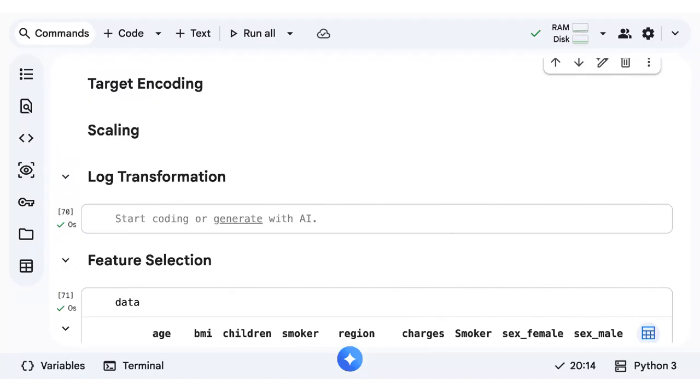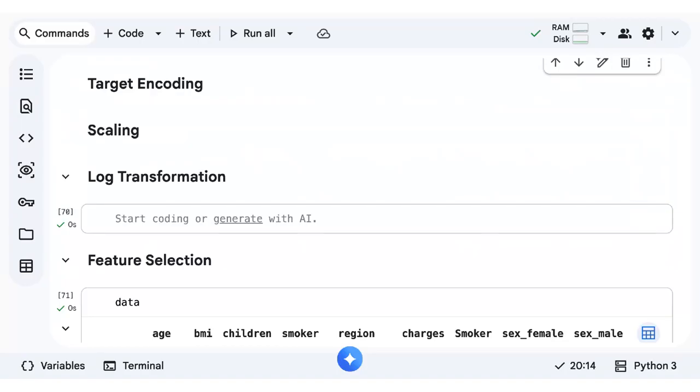By comparing its relationship with the target, you can replace the category with either the mean value, or else you can give a specific order based on a ranking, like which has the highest importance with the target. Accordingly, you do the manual mapping. That's what we call target encoding.